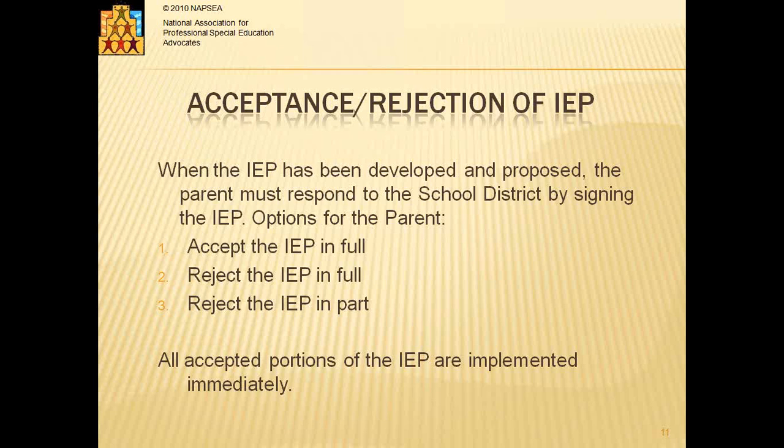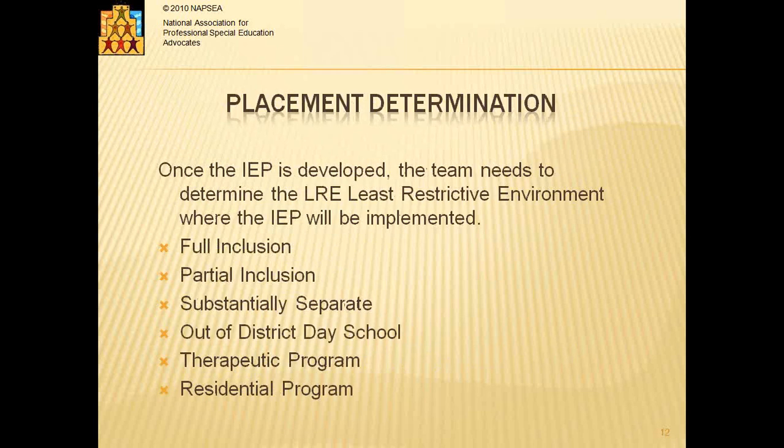So what that means is that you reject pieces that you feel are inappropriate or missing or not substantial, but you accept what the district is providing, subject to discussing the rejected portions, because you want the child to get some services in the meantime while you hash it out with the school district. And all accepted pieces should be implemented right away.